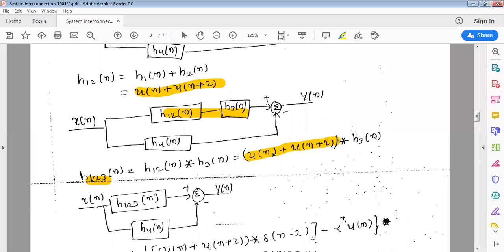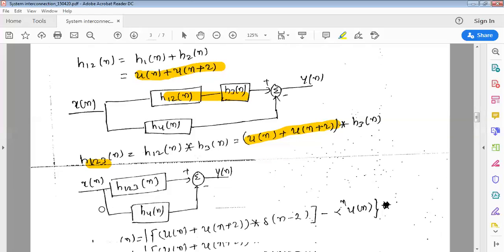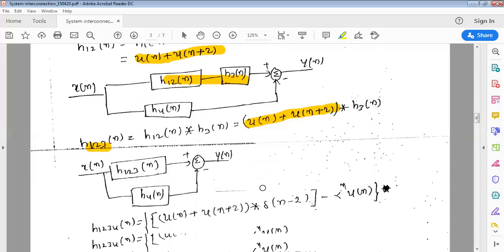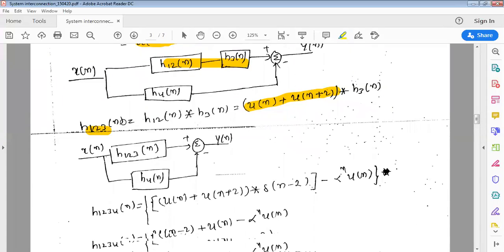So finally, what I got from these two blocks, x of n, H123 of n, this is H4 of n, this is plus and minus. Once again, these two blocks are parallel. Therefore, the final output will become H123 of n minus H4 of n.